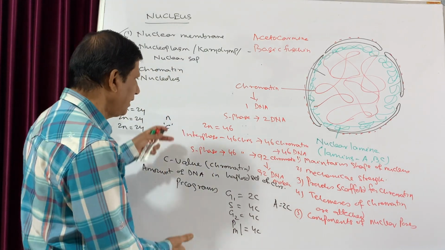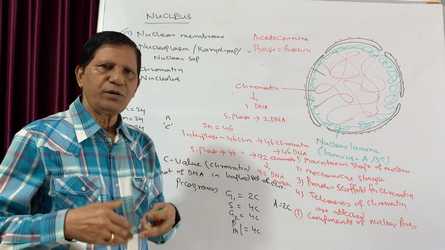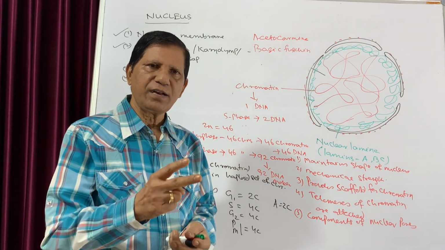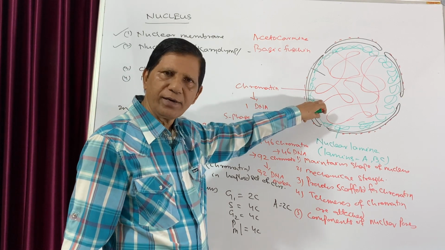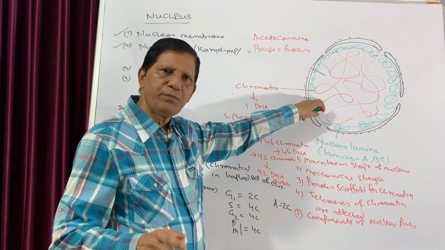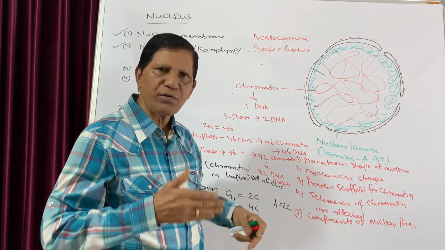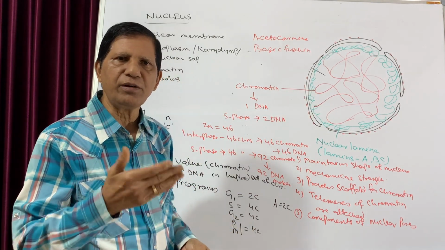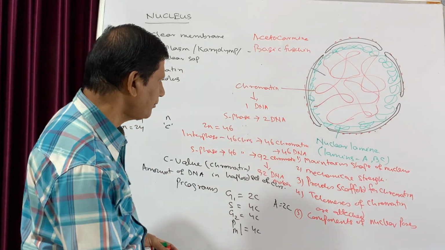I think now this aspect is very clear. Suppose you take human beings, where there are 46 chromosomes, meaning at interphase 46 chromatins, meaning 46 DNA. But in S phase, the number of chromosomes will remain constant, but the amount of DNA will be doubled. That means C value will be doubled. This is the important aspect of chromatin.